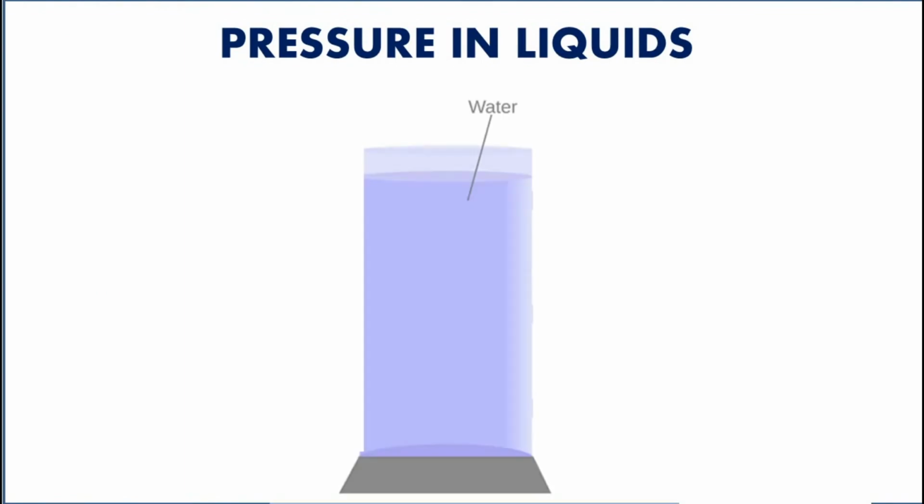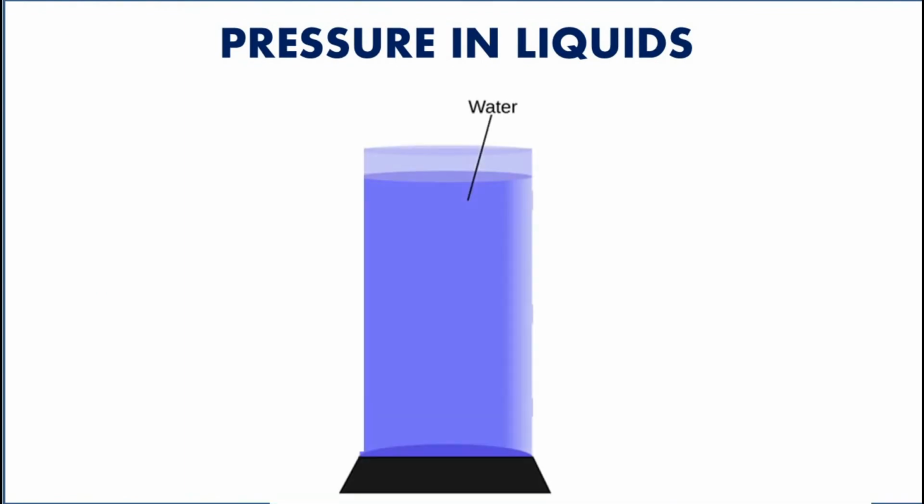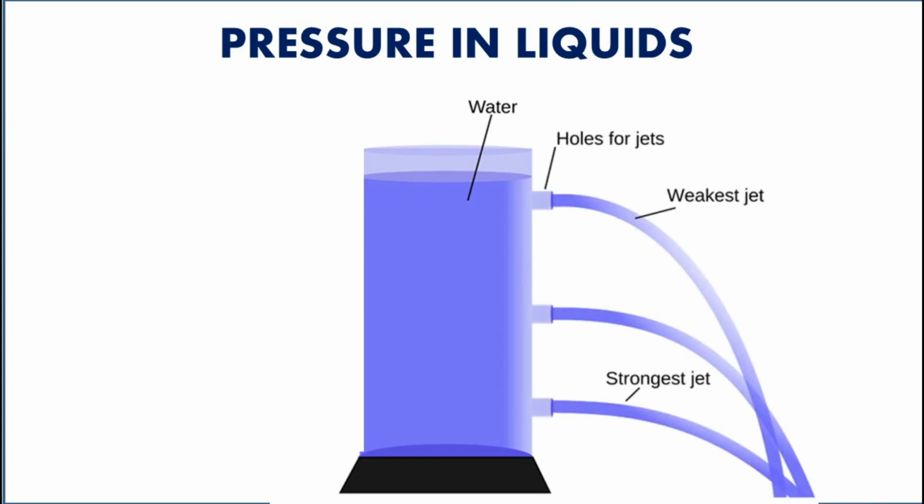Take a vessel filled with a liquid or water. If we make several holes in the wall of the vessel anywhere below the free surface of the liquid, it is observed that liquid comes out through each hole. If we place our finger on any of the holes, the finger feels a thrust due to liquid pressure.